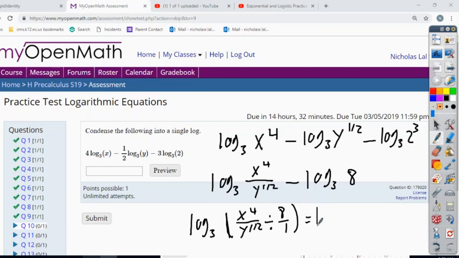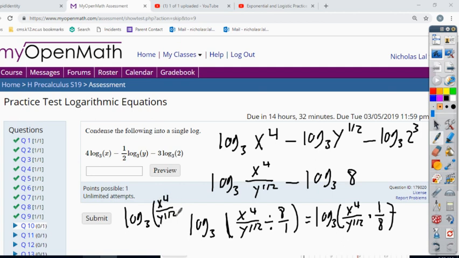That's equal to the log base 3 of x to the 4th over y to the 1/2 times 8. So the final answer is the log base 3 of x to the 4th over y to the 1/2 times 8.